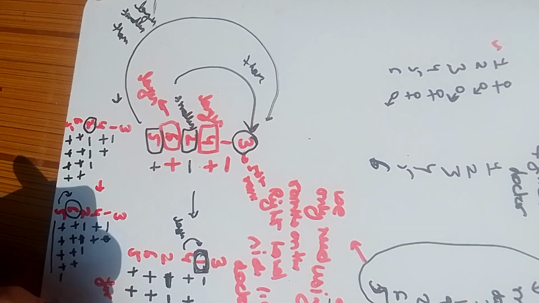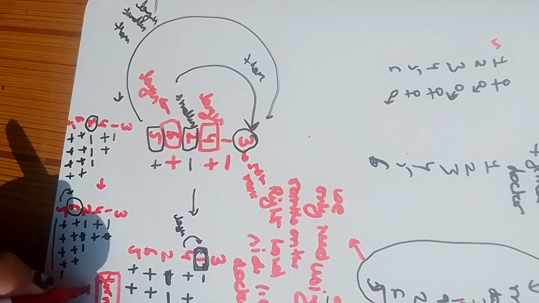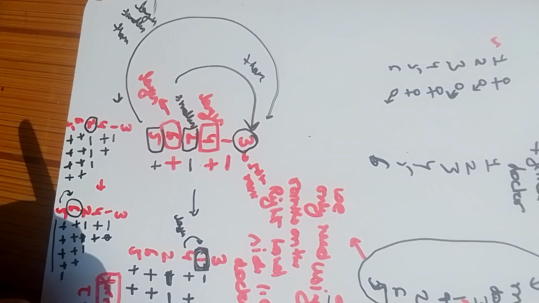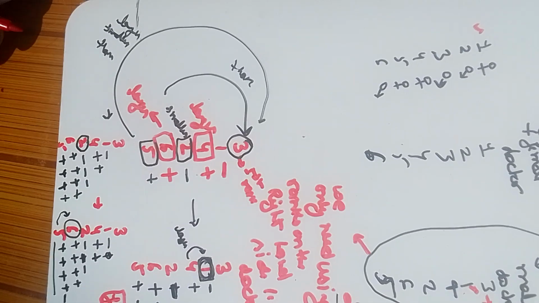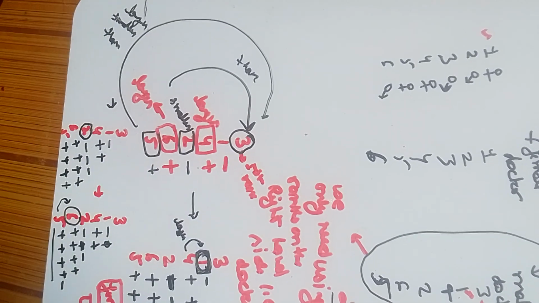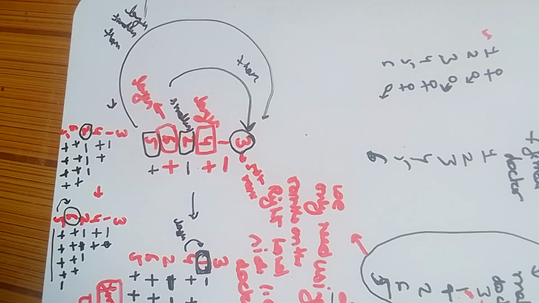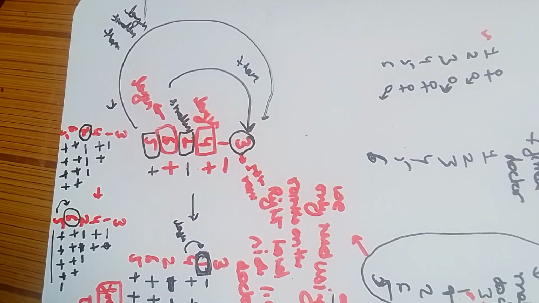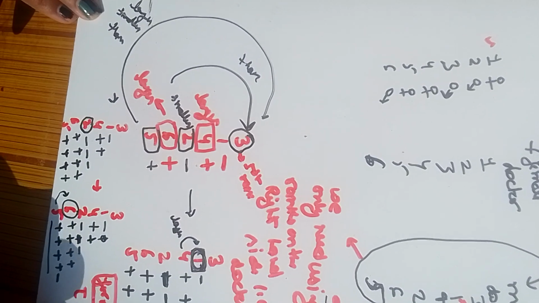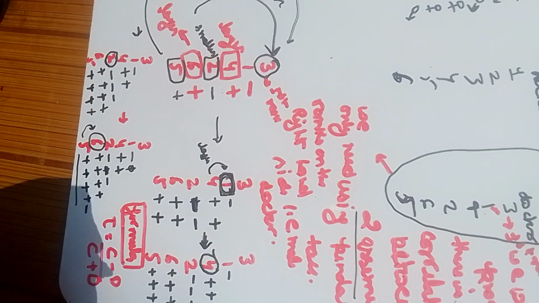As in my last video, I taught you that Kendall's tau formula is concordant pairs minus discordant pairs upon concordant pairs plus discordant pairs.